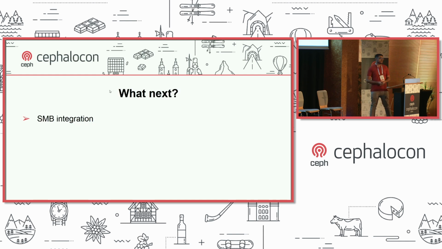What's next? So we can have some Samba integration as well. Samba currently does synchronous I/O. As far as I know, they are using a Libcephfs proxy to do this. So Samba can make use of it and also leverage the I/O and the throughput.